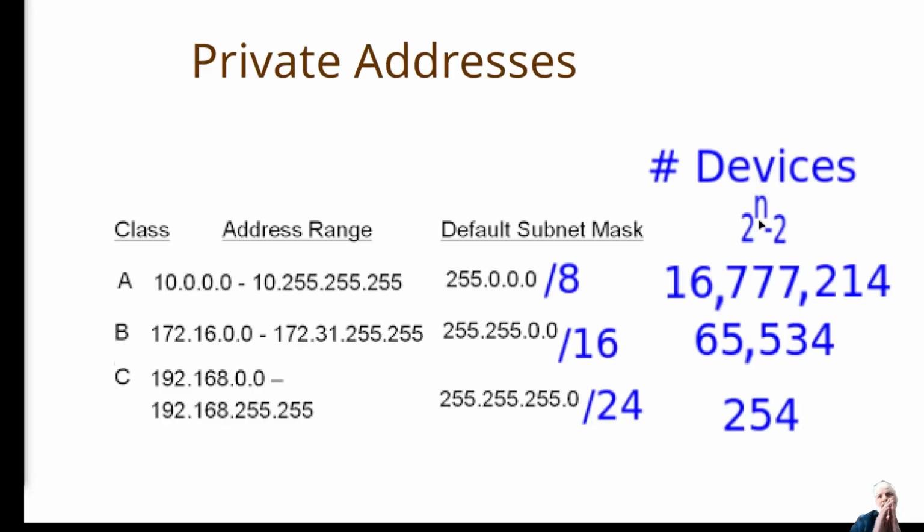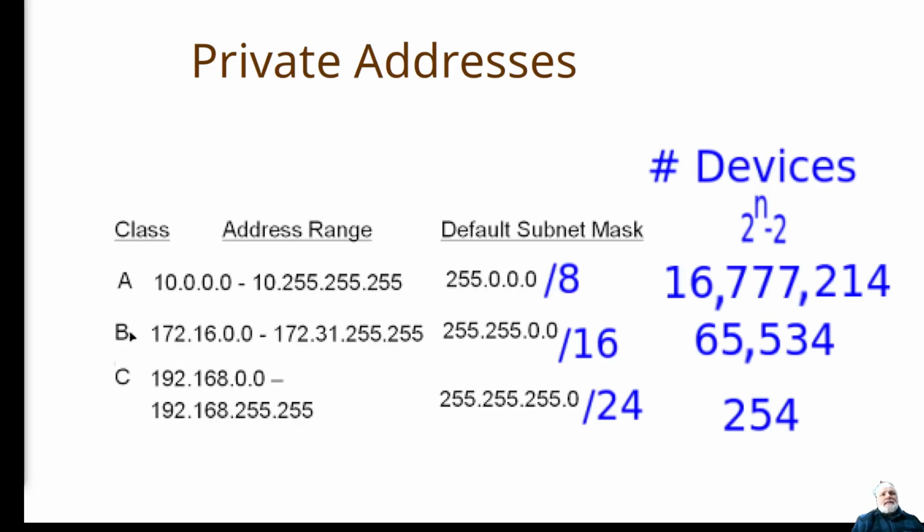The .0 is used, number 1, and also the 255, which is used for broadcasting to everybody on the network. So you lose 2 IP addresses out of the 256 available. For a Class C, that gives you 254.